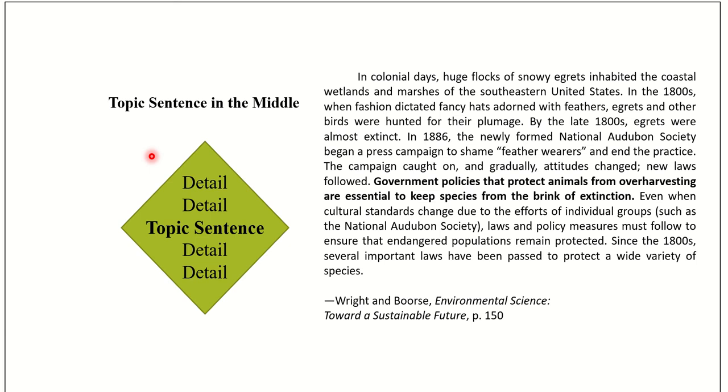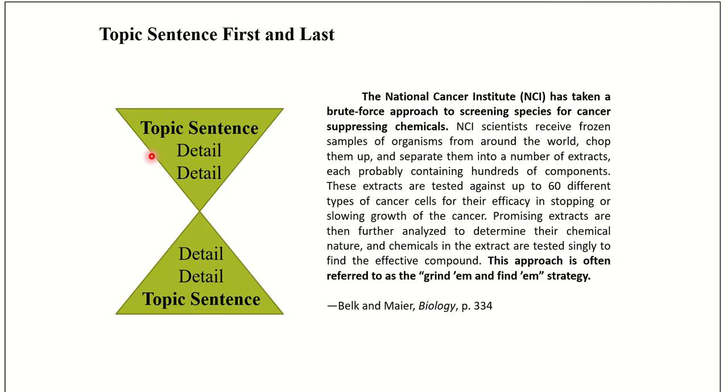Even when cultural standards change due to the efforts of individual groups such as the National Audubon Society, laws and policy measures must follow to ensure the endangered populations remain protected. Since the 1800s, several important laws have been passed to protect a wide variety of species. Right? So based on this paragraph, the topic sentence is actually in the middle.